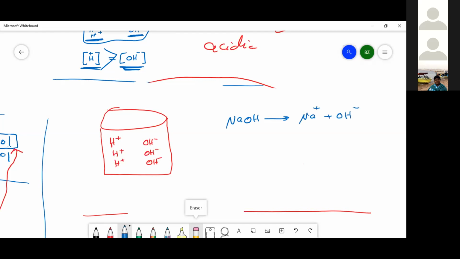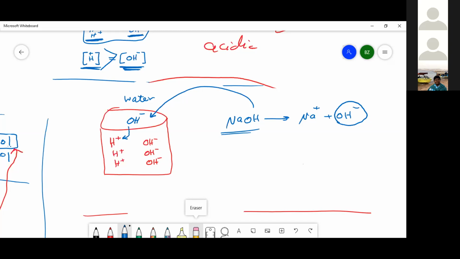How will NaOH convert the water solution into basic? Let's see. The OH minus from the NaOH, when it enters the water, will react with H plus, right?